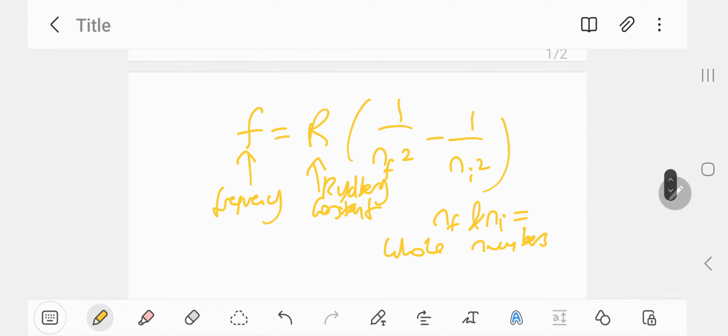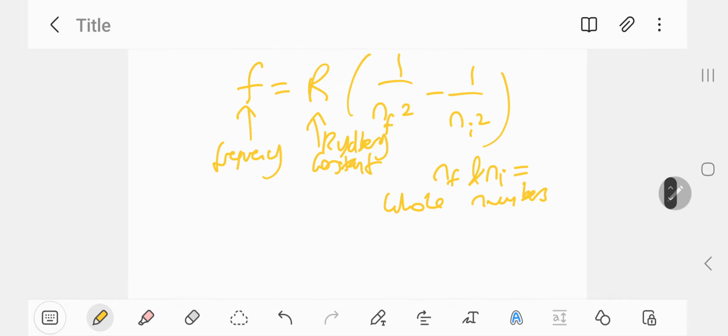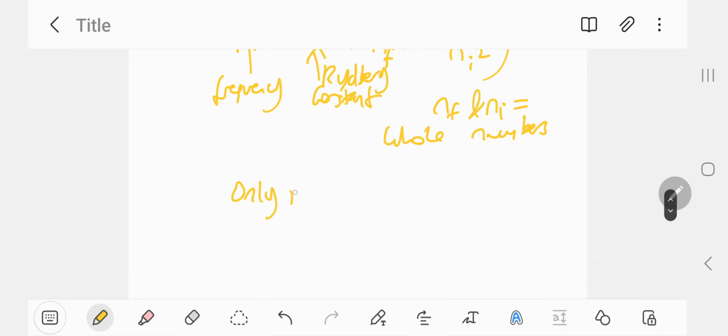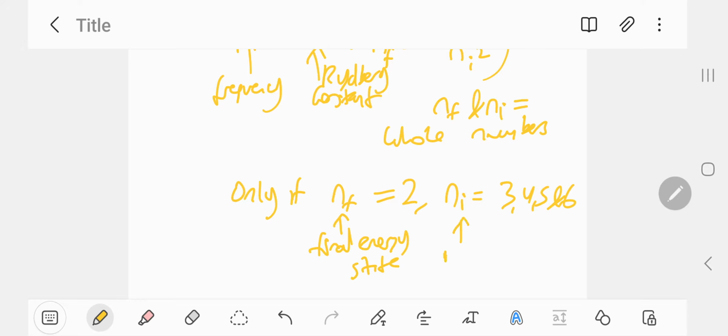Balmer was really trying to make sense of all the numbers coming out of the laboratories, all the frequencies, to see if he could relate them to some relationship. This worked for the 4 visible lines in hydrogen only if n sub f was set to 0 and n sub i was set to 3, 4, 5, and 6. n sub f stands for final energy state, and n sub i is the initial energy state.